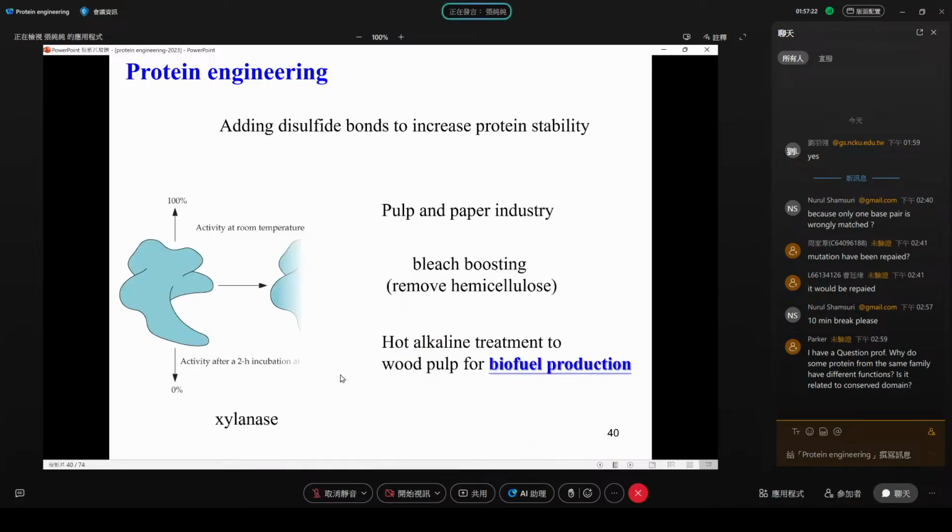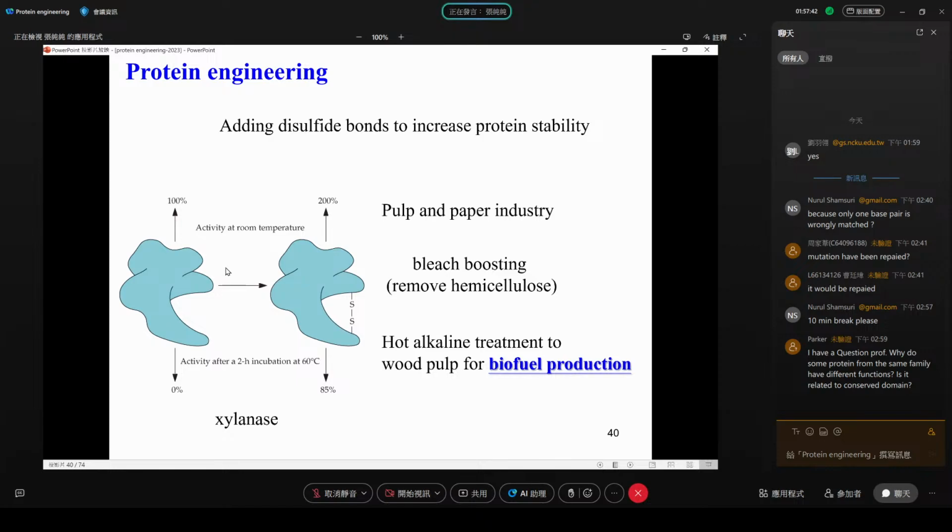Those enzymes need to accommodate 60 degrees. They still have to maintain their activity because they need to do this kind of digestion under certain conditions.